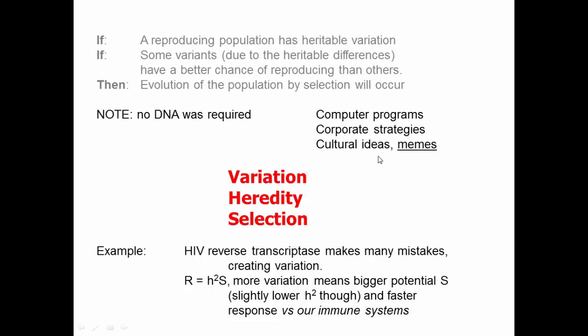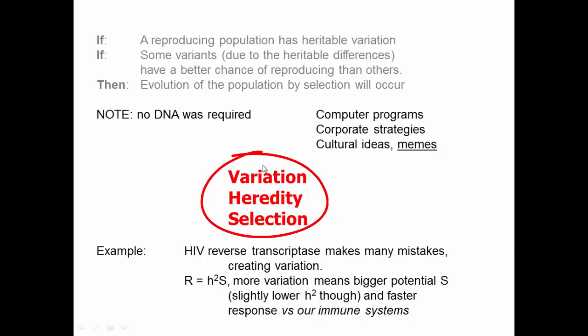There are a number of people who think about cultural ideas or memes having some of these same properties: these behaviors and cultural ideas vary. There's heredity, right? We pronounce words differently. People pronounce words the same way that they hear them, and that can cause the evolution of language or ideas. So it's not a requirement that the things that evolve have to be alive. It's just a requirement that they have variation, heredity, and selection.